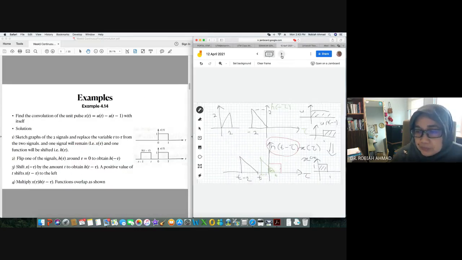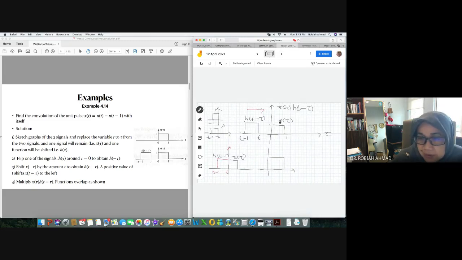One signal remains and the other goes through the flip: this h is h minus tau, and this is h(t minus tau). So now we have two signals, x(tau) and h(t minus tau).